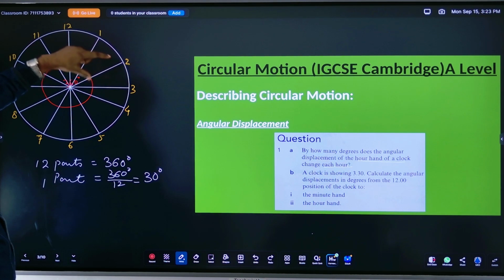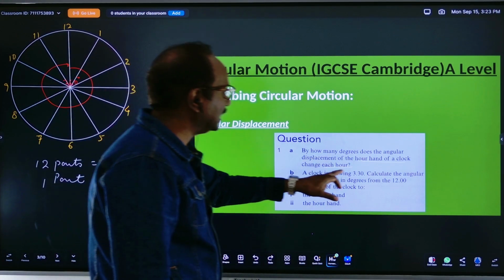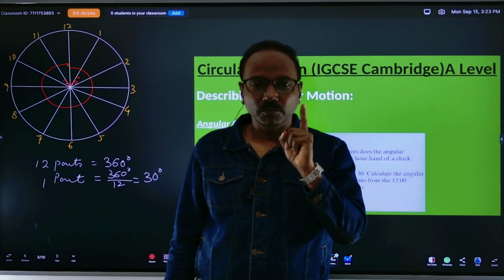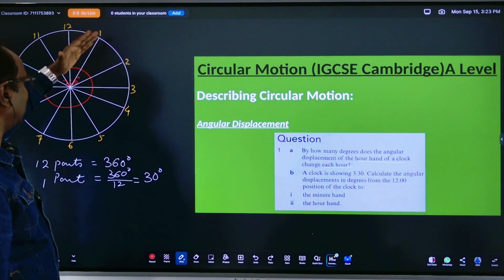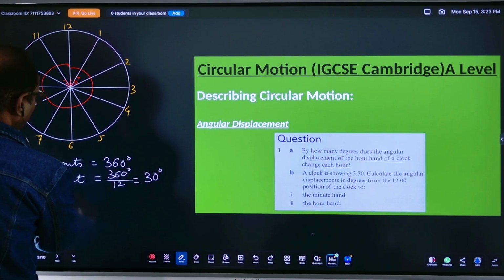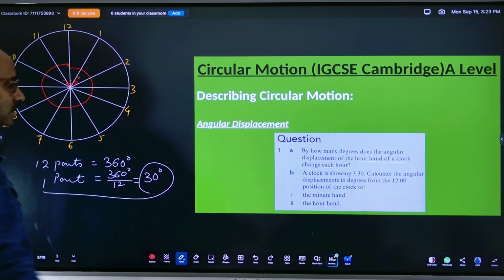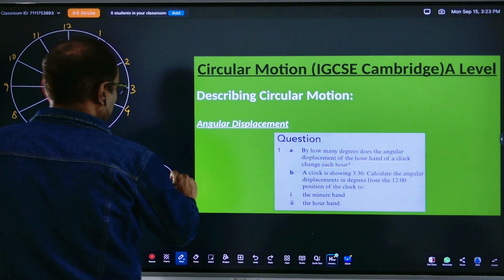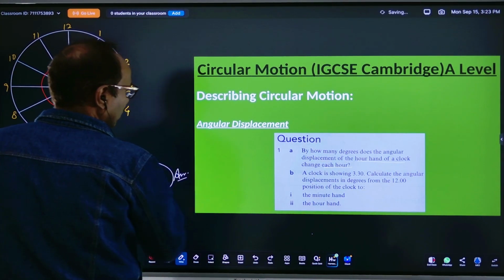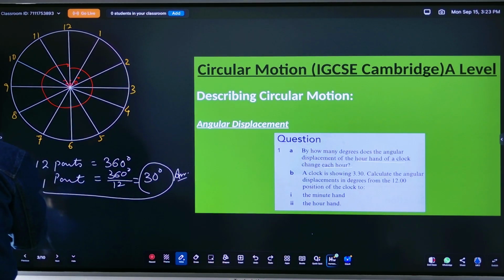In another 1 hour it will be from 2 to 3. So it is asking about each hour, means in 1 hour how much angle the hour hand will turn. So by one part, and one part means 30 degree. So you can say that this will be the answer for your part A.